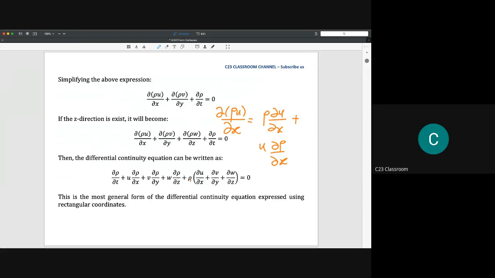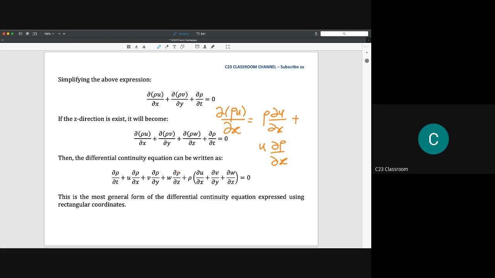So the rho here is constant, and there is no del rho here. Del rho over dt means the changes of density along the time. Del rho over dx means there are no density changes along the x-axis, along the location of x, and also there are no density changes in the y-axis and no density changes in the z-axis.